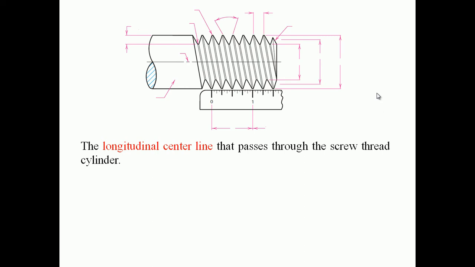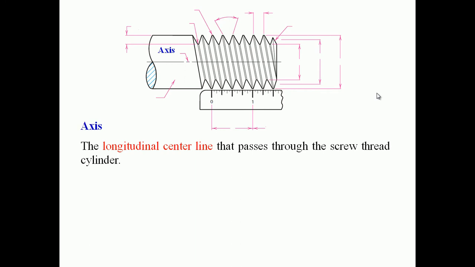In the sketch, the longitudinal center line that passes through the screw thread cylinder is known as the axis.